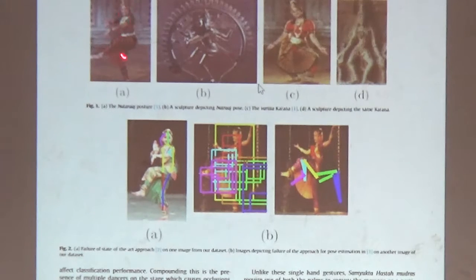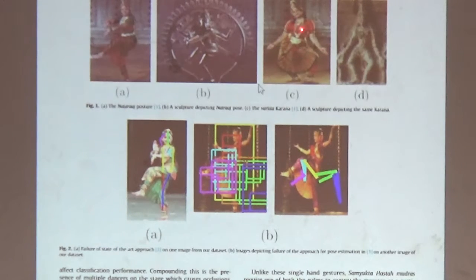She is showing a particular karana, which is actually the Nataraj pose. And there is a particular pose in which she is standing here, called the Vardita Karana, which is actually a sculpture on the Chidambaram temple in southern India. These sculptures depict these karanas, and you can see that they are almost identical.